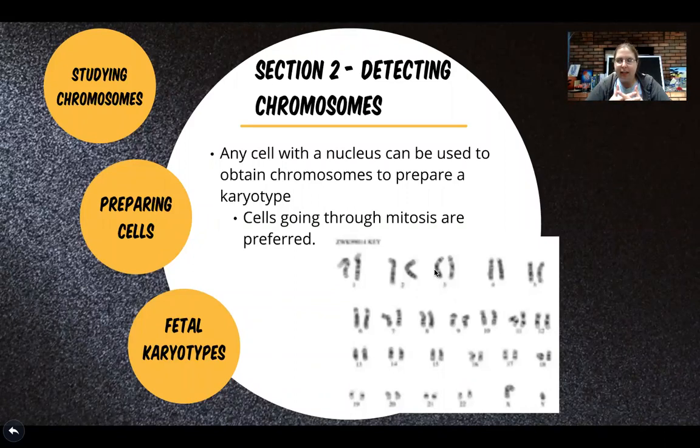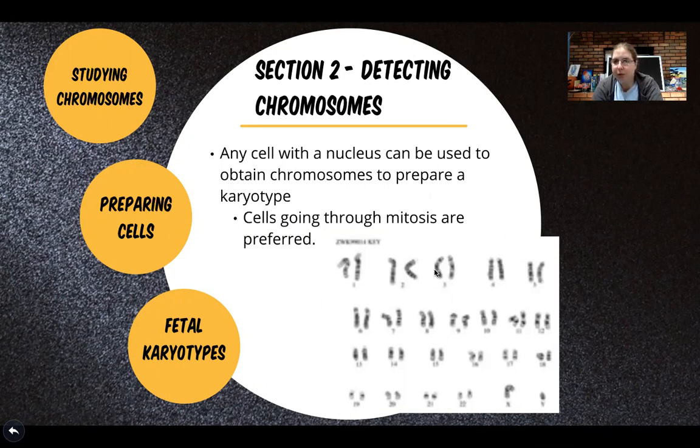The DNA is going to be in one of two forms, either the chromatin form, where it's all super condensed together, or the chromosome form, where it's sectioned off and chunked off. Because of this, generally when you want to make a karyotype, you look for a cell going through mitosis because you don't have to worry about separating the chromatin. It's already been separated in the form of chromosomes.